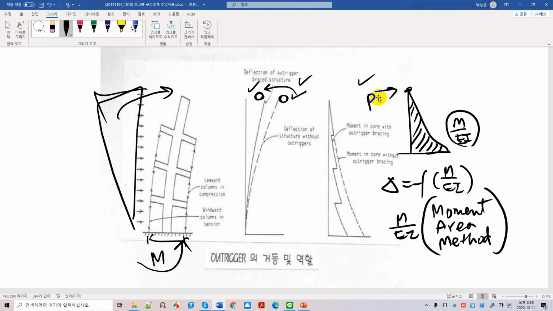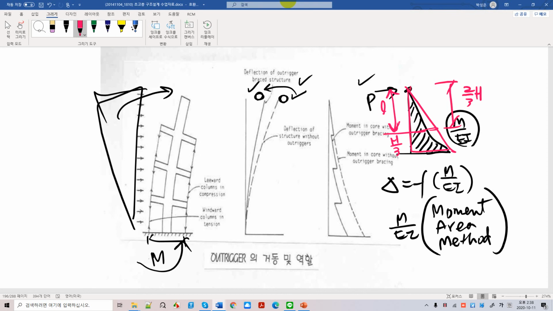Then also we calculate the centroidal distance from the centroid of the M over EI diagrams to the point of loading, which is in this case L. Okay, if this is a triangle, then we know that this is 1/3 h, this is 2/3 h, isn't it?